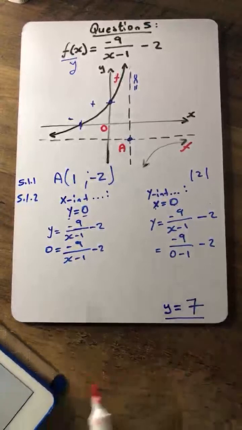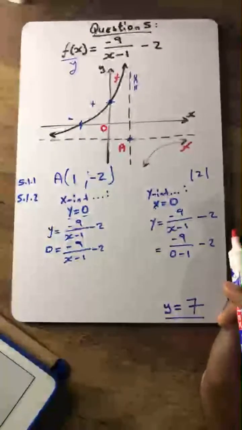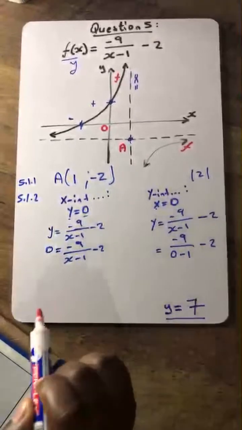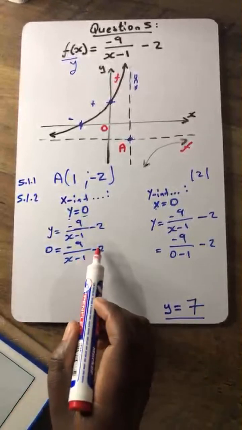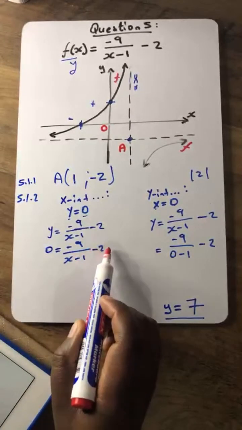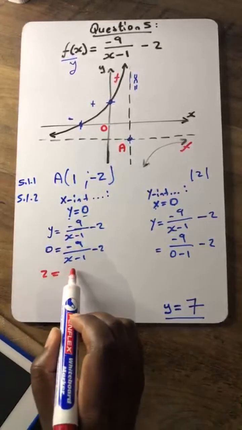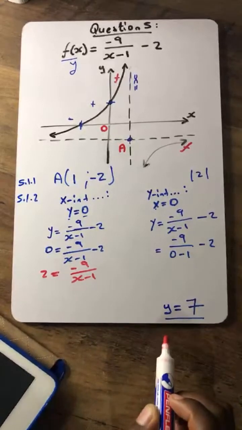Manama Major seems like got the same answer. Okay, so Jobs, I'm about to now explain how to get that x value. So let's see. You obviously want to take that to the other side, and it changes the sign, it becomes 2. You remain with negative 9 over x minus 1.